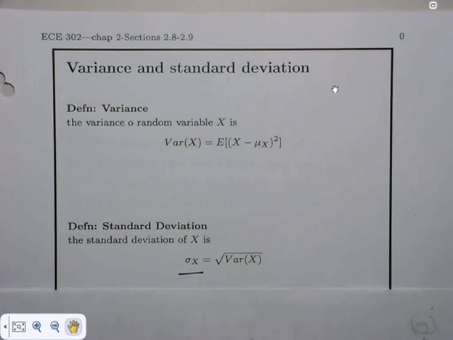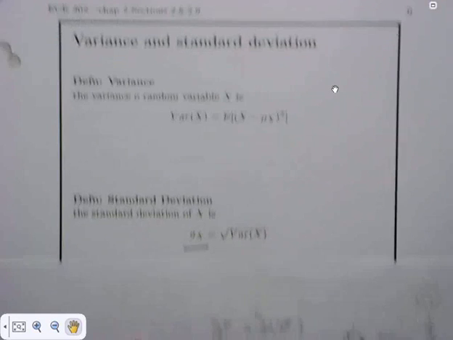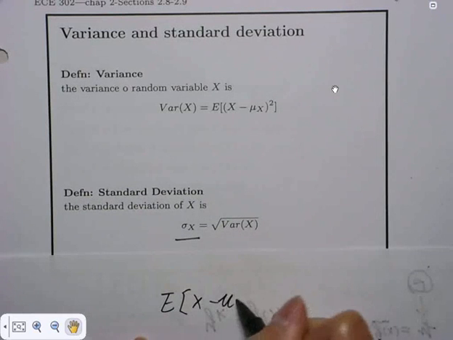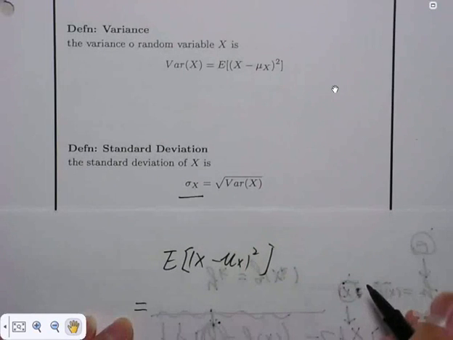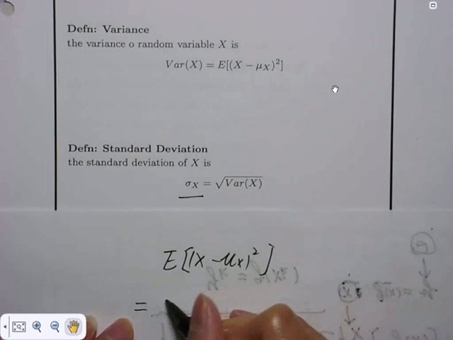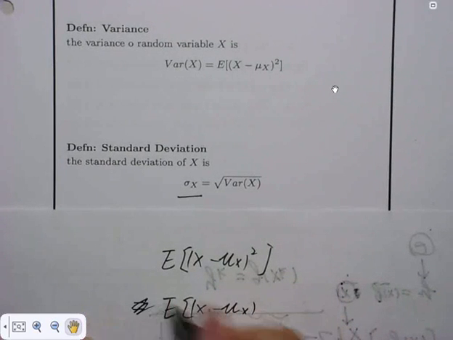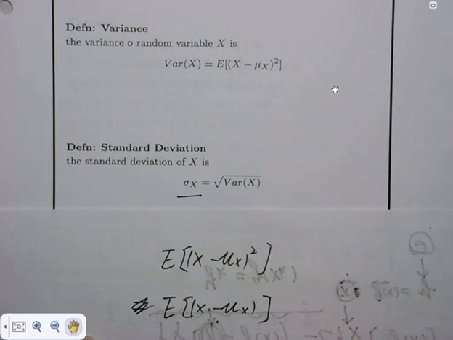Then can you write the formula, the theorem you just proved earlier? Yes, exactly. The theorem you proved, E of x minus mu x to the first power is 0.